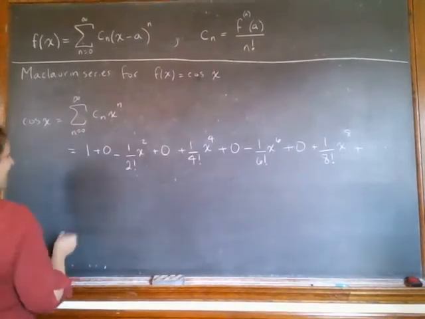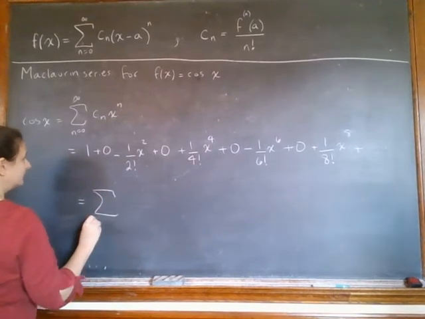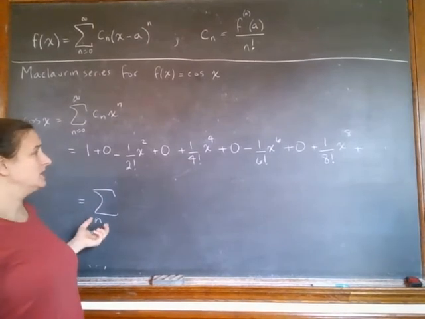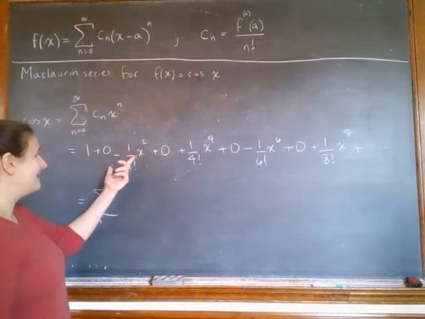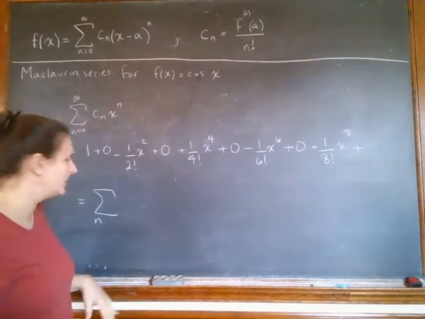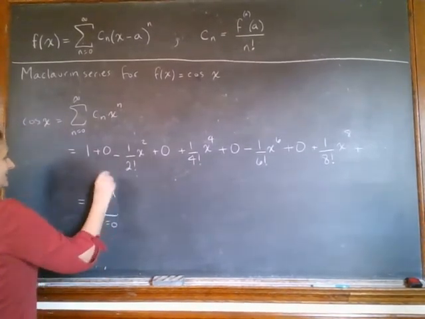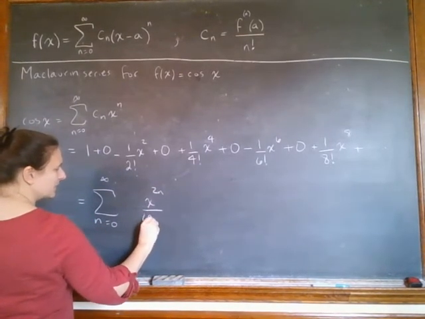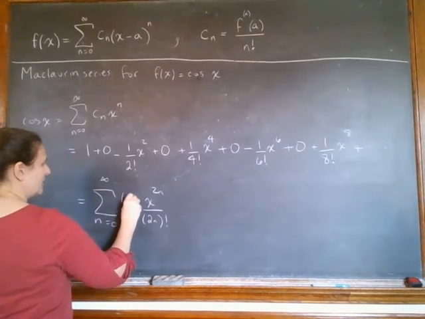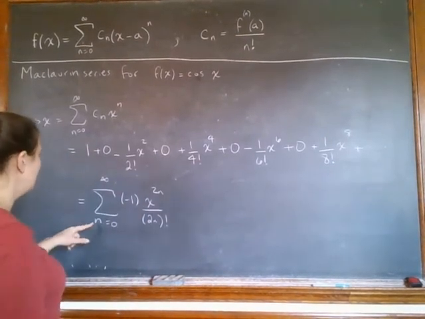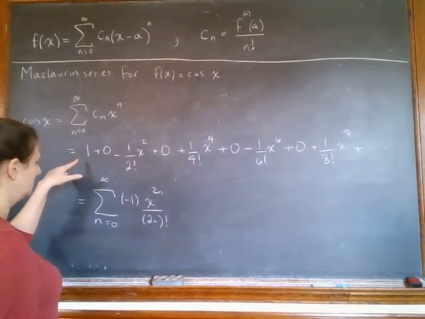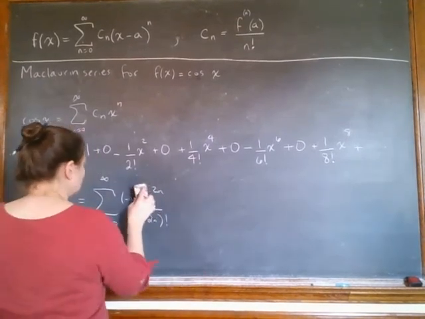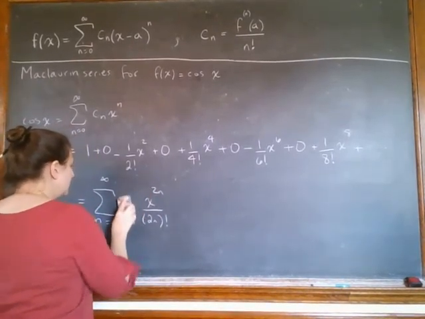So now if I want to write this out, there are various ways of writing this, but the easiest thing is to notice that everything is 2n, right? So if I do n equals 0 to infinity, and I put in x to the 2n over 2n factorial, I've got a minus 1.